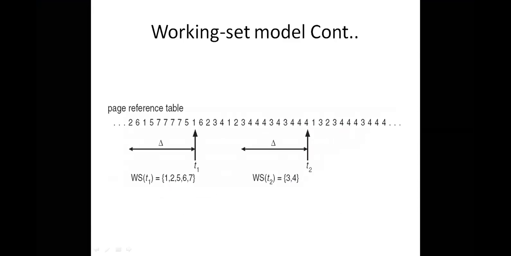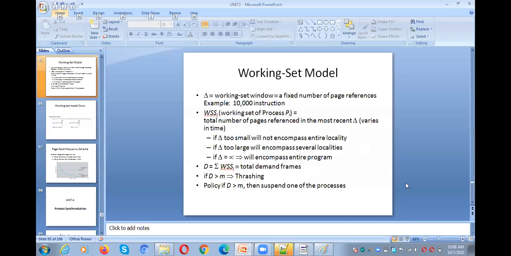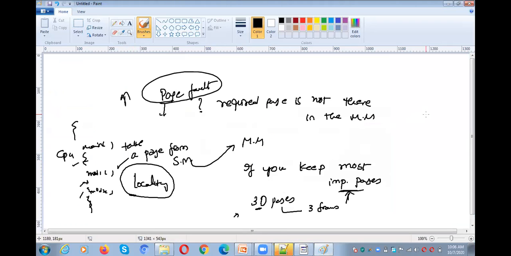Based upon the demand, you need to allocate the frames to the process. That means all the time demand needs to be less than the frames. For example, the working set is 1, 2, 4, 5, 6, 7. These pages need to be in the main memory.